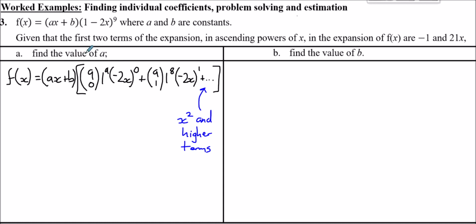So now we can work out the value of a based on this. And so this is just essentially this bracket multiplied by these two terms here. So if I multiply the ax by this first thing here, (-2x) to the power 0, or anything to the power 0, is just 1. 9 choose 0 is 1. And so this first term here is just simply 1. So ax multiplied by 1 is ax.